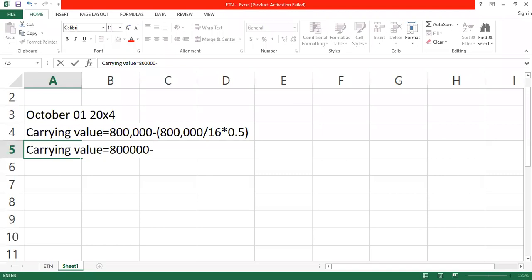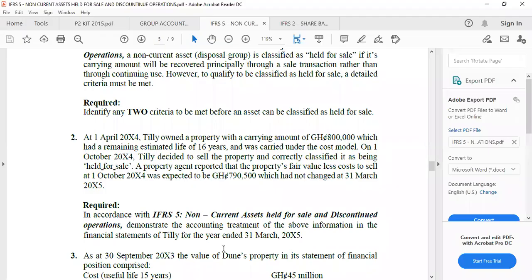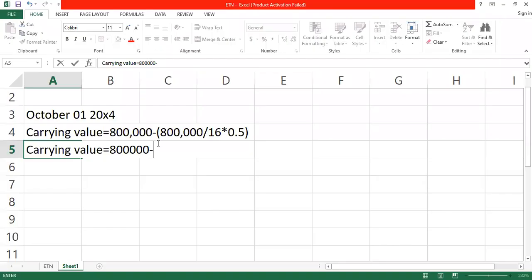Confirm the carrying amount. 775,000. Confirmed. Okay. So this will be 25,000, right? The depreciation. Yes.